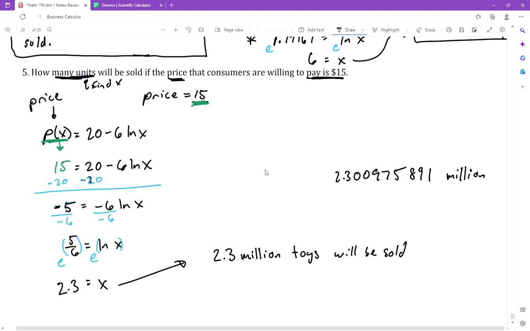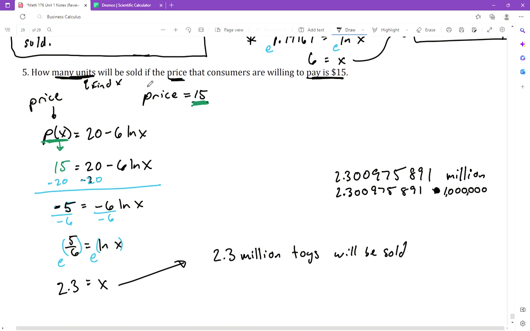Well, million would mean really times this number by 1 million. 1 million has 6 zeros to it. Let's put a dot instead of the cross.